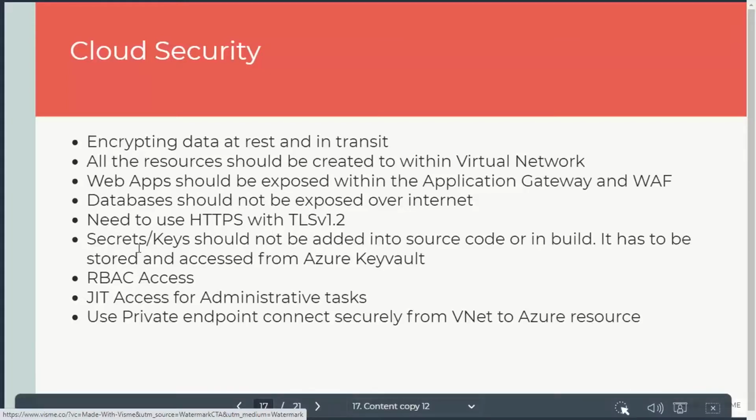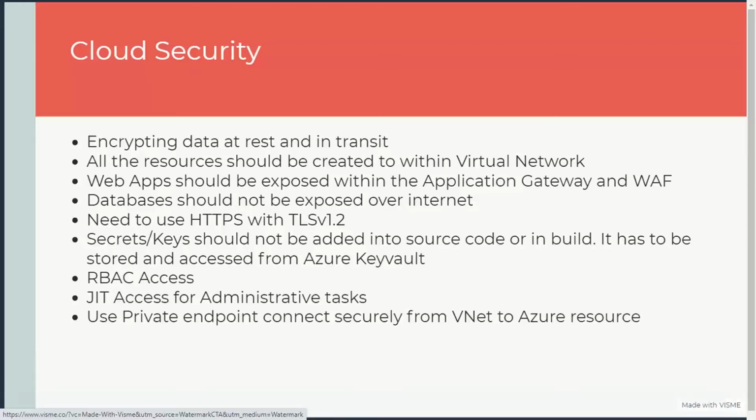And then the secret key should not be added into the source code or in the build. For example, we should not add any keys or secrets inside the git repository, and also we should not inject them into the build when we are doing the build.